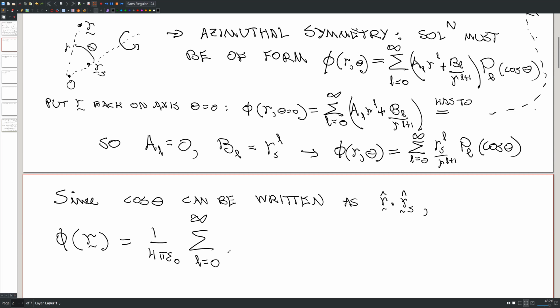Maybe I'm going a bit fast, but I'll explain it. Now I'm going to lift it up. We've done it for a point charge, but by superposition I can have a whole collection of these objects, each living at its own position. I would just get different values of r_s, with different angles, so I would have an integral over the volume that's occupied.